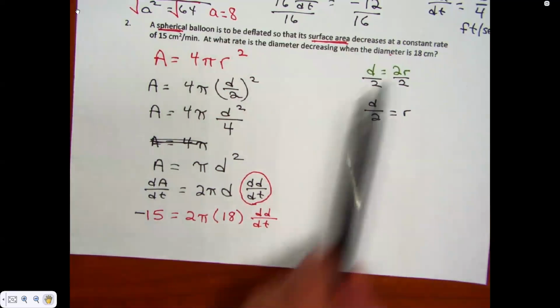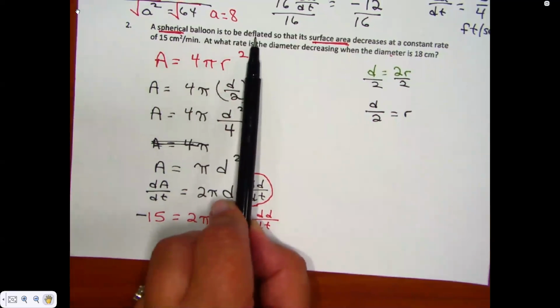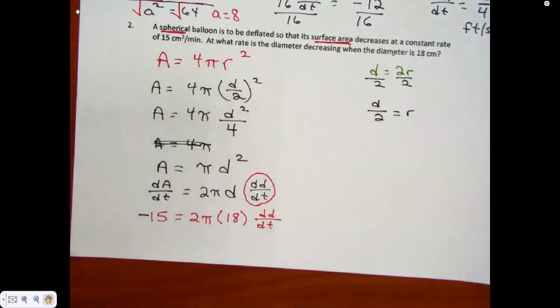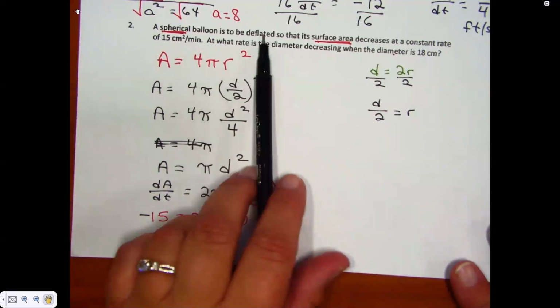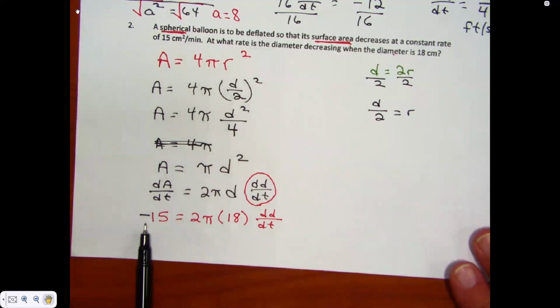Yeah, it's the rate, but it is being deflated. So it is actually decreasing. Look for it. I'll tell you right up front, the first 3 on your homework are negative. So if it's talking about deflating, then we really should put in a negative. All right, other than that, we're good.